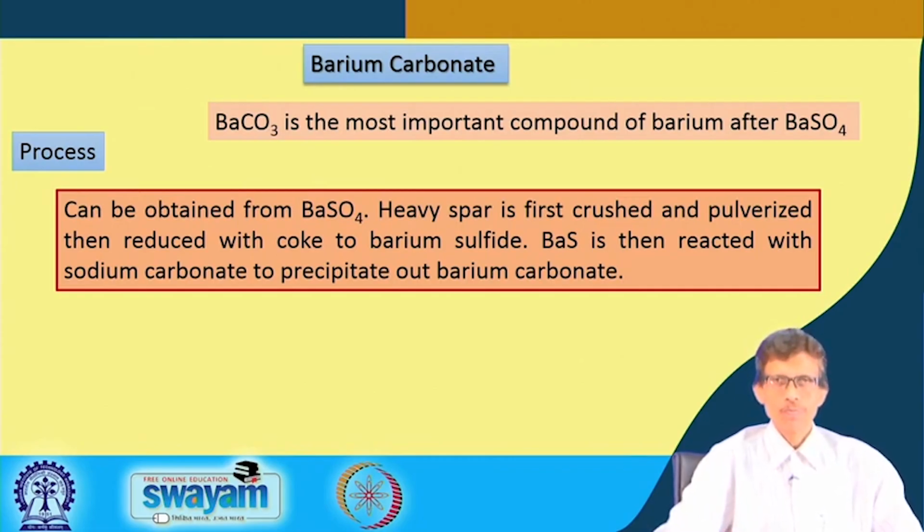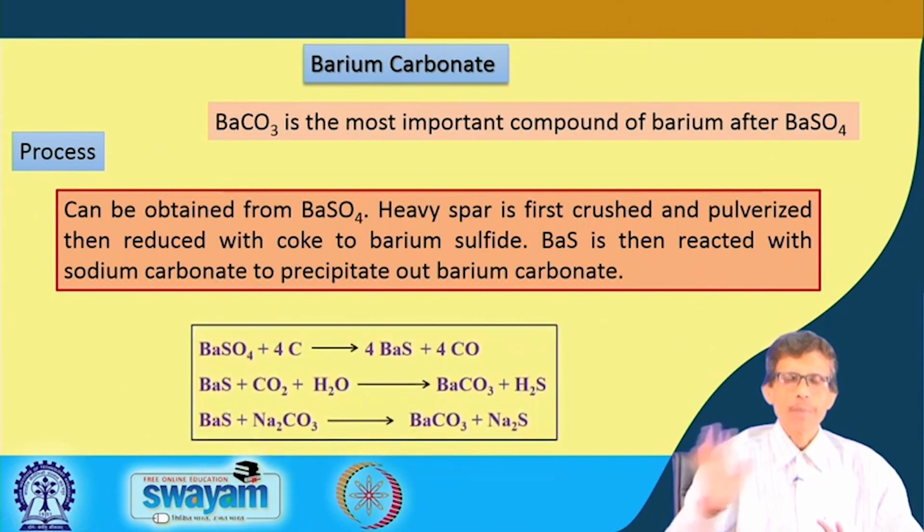bearing compounds. So, the same thing, that means now we use as a reduction. So, reduction by carbon, we get that particular barium sulphate, then barium sulphate is reacted with sodium carbonate, because our goal is to make barium carbonate, and we precipitate it out as barium carbonate.